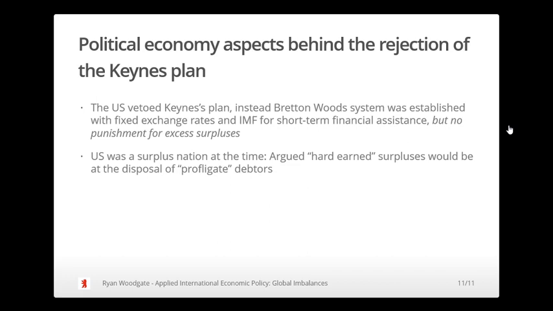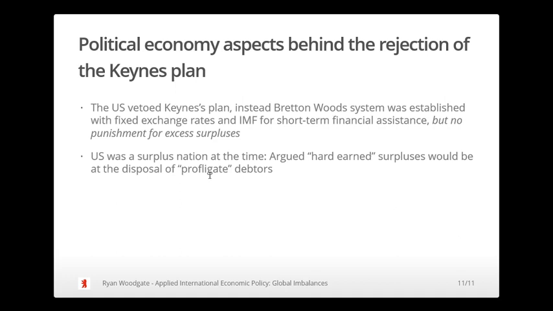And this is, I think, Skidelsky, who's writing or quoting the original arguments from the US. And to keep in mind the important point that the US was a surplus nation at the time. It was arguing at the time that its hard-earned surpluses would be at the disposal of profligate debtors. So, kind of reckless or immoral debtors.